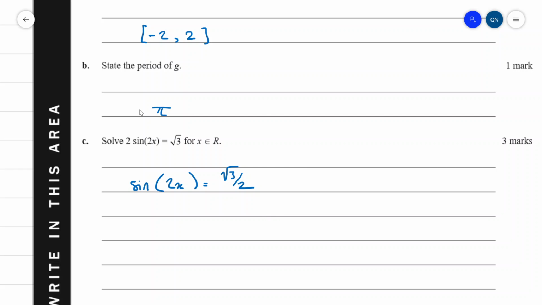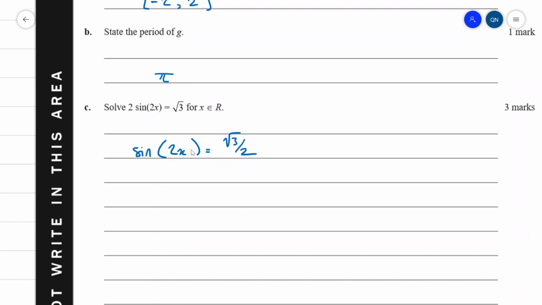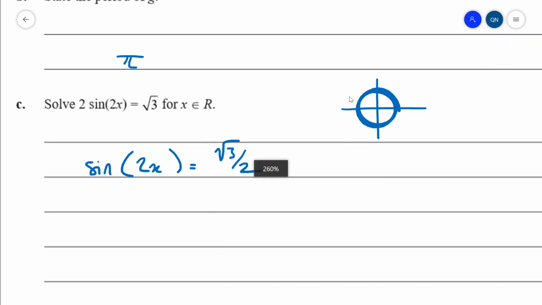Okay, and now, let's just try to figure out some values for 2x. So we're going to pretend we solve for 2x. So what does sine look like? Sine is the y value. So if you imagine the unit circle over here, we're asking ourselves the question, what angles on the unit circle have a y value of root 3 on 2? If you imagine the line square root of 3 over 2, that's going to be pretty high up.